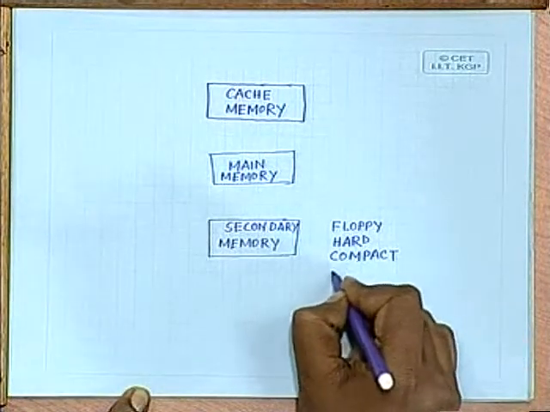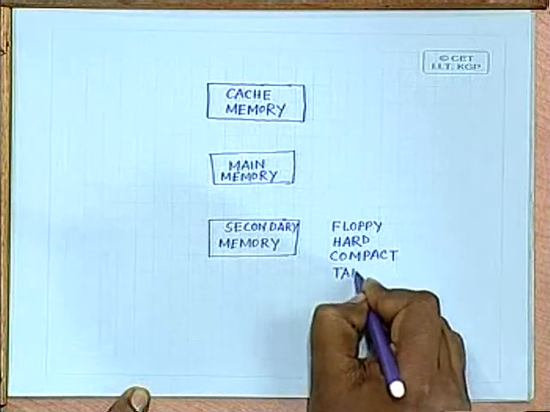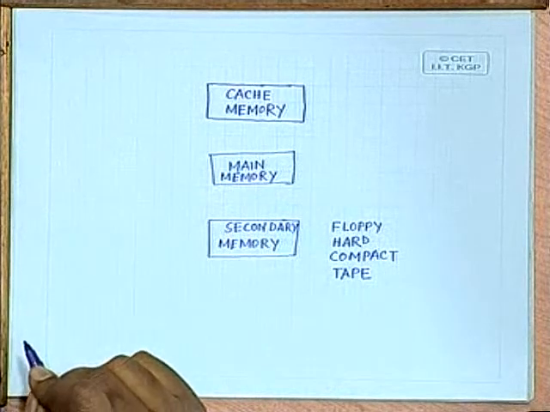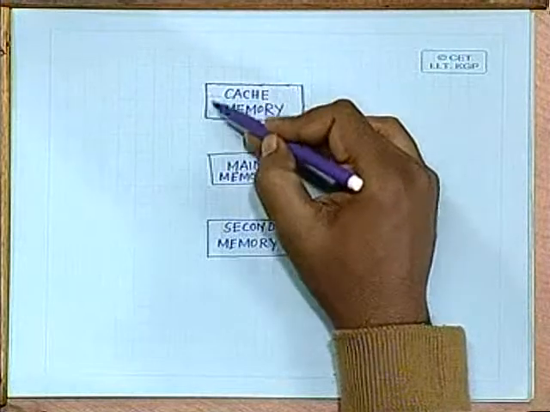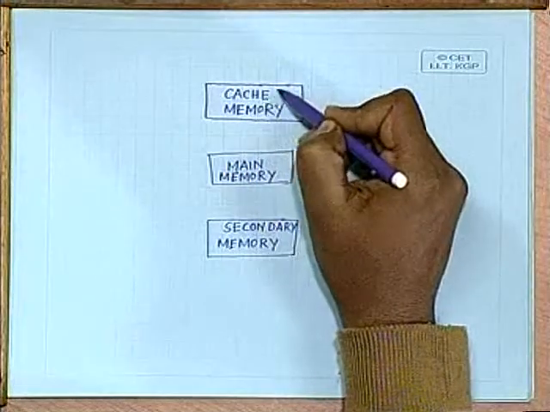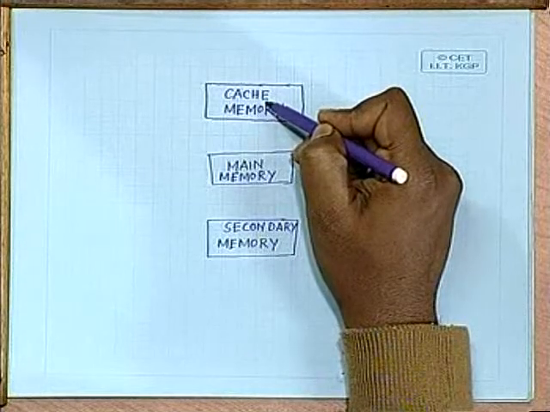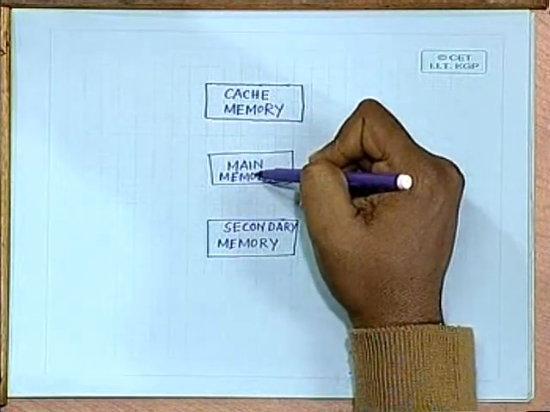And we can also have other kind of secondary memory like magnetic tape. And the hierarchy is like this. Whenever the CPU wants to access something, it first tries to find whether that particular data is available in the cache memory or not. If it is not available in the cache memory, then CPU tries to find out if it is available in the main memory.